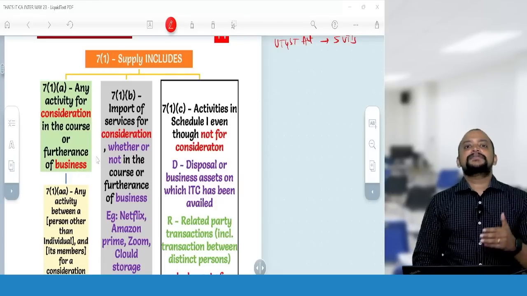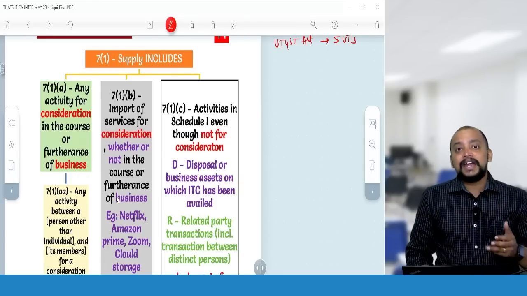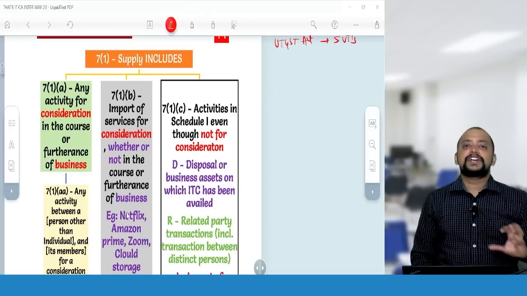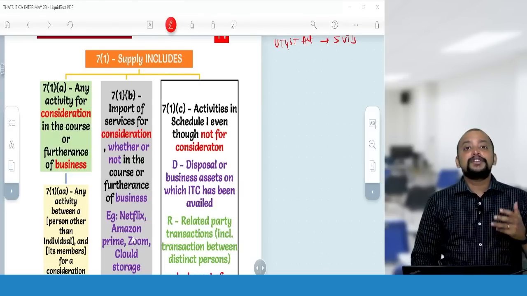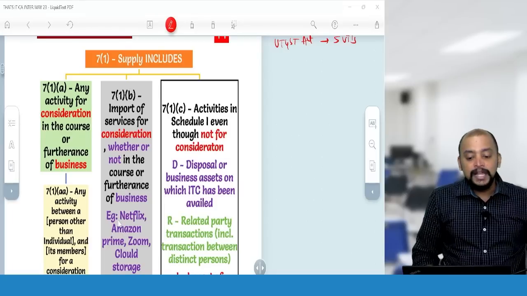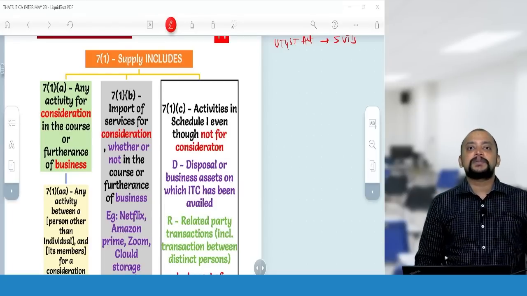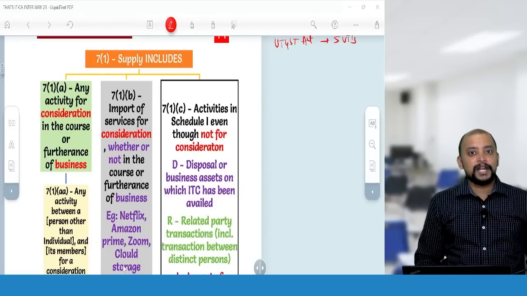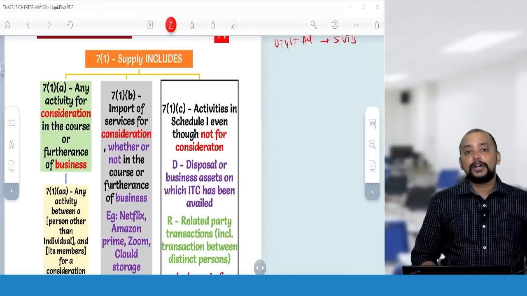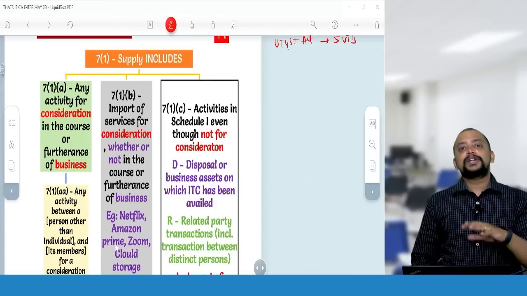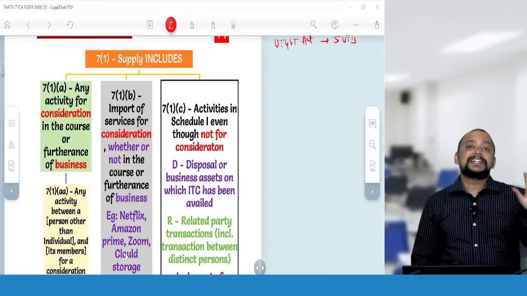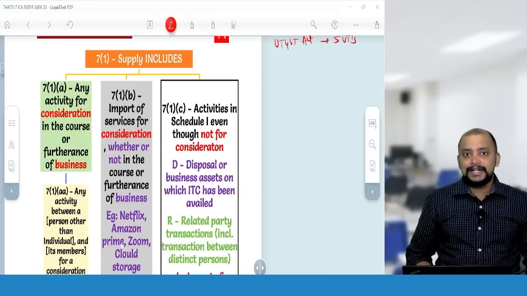This import of services must be for a consideration, and it may or may not be in the course or furtherance of business. Whether import of services becomes supply or not, we need to see from the recipient point of view. Examples of import of services becoming supply are Netflix, Amazon Prime, Zoom cloud meetings, or cloud storage. These are all import of services. If it is for a consideration, it will become supply under 7.1b.